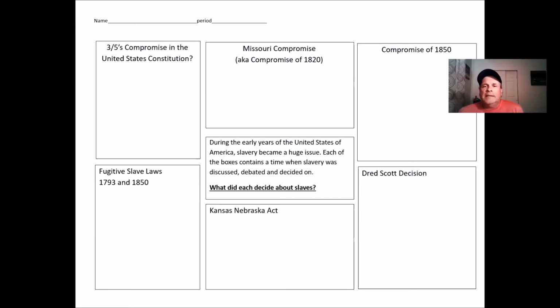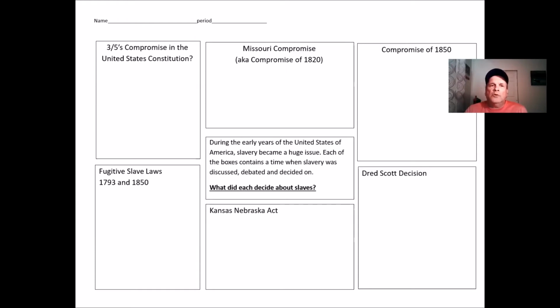I have 6 things, and what I need you to do is I need you to do it really, really a lot. I don't want you to write 2 or 3 words. That's not going to work, okay? I need you to understand what happened in each of these things about slavery and how it continued to roll slavery into the future. Okay?